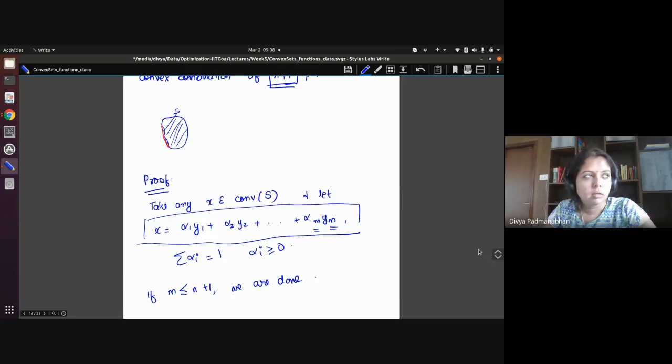Maybe a way to do that is by taking some examples and seeing where it fails, because the dimension of this set is going to be exactly n. If this were a subspace, you could write it as a linear combination of n points.